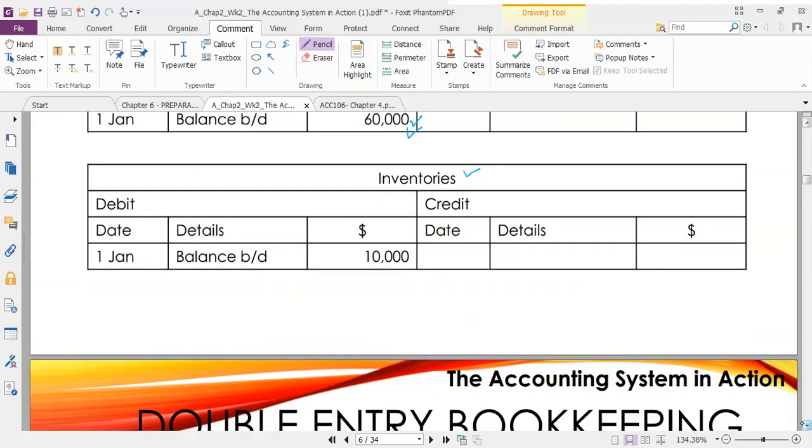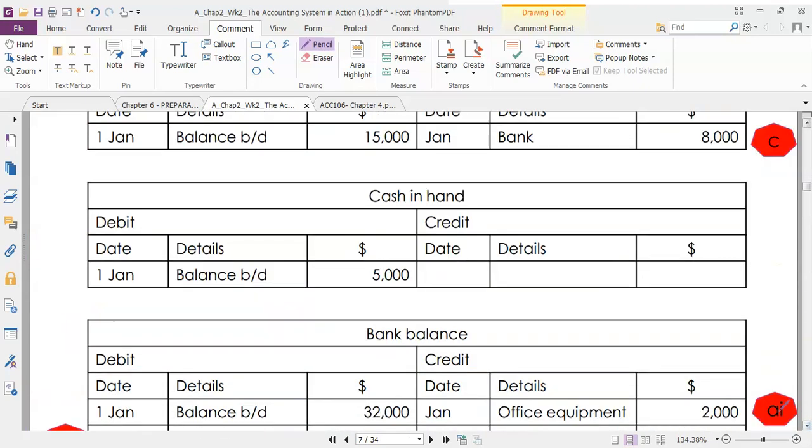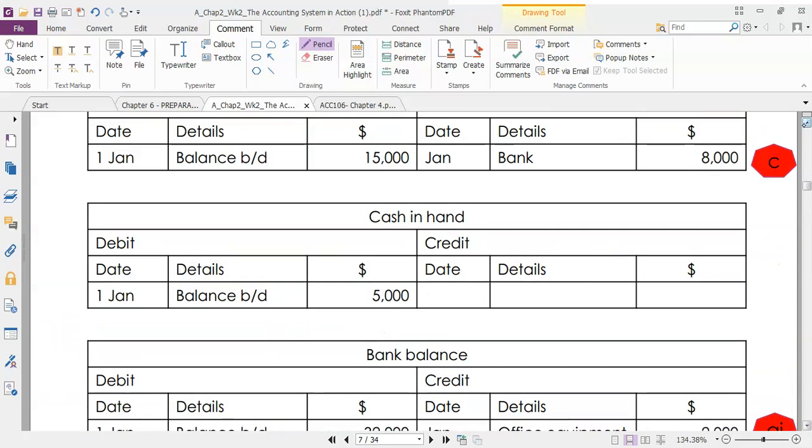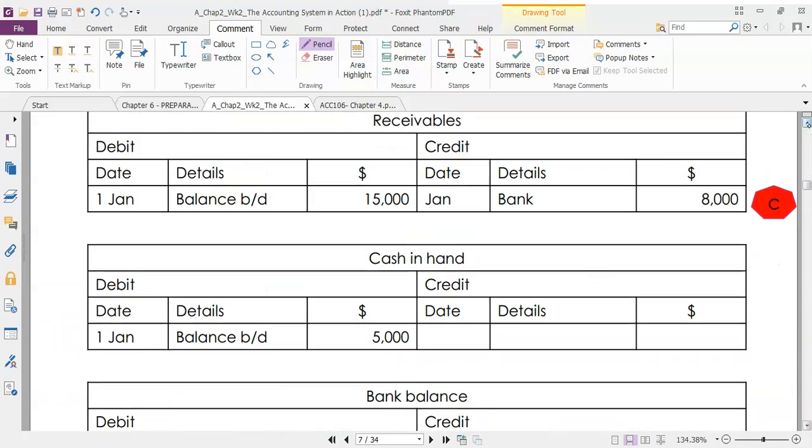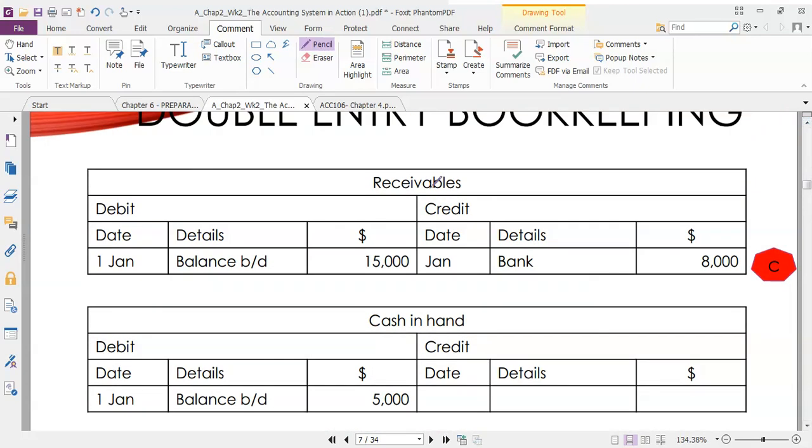Okay, what else we have? Receivable. Receivable is our asset also, class. Apa maksud receivable? Receivable means that the customer owed to the business.